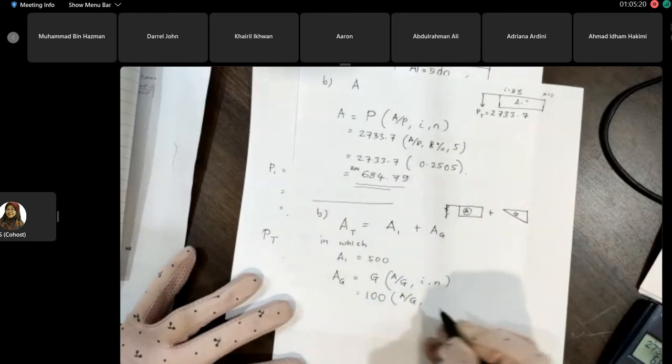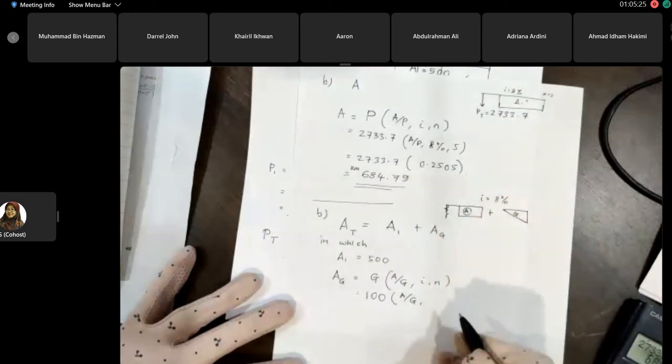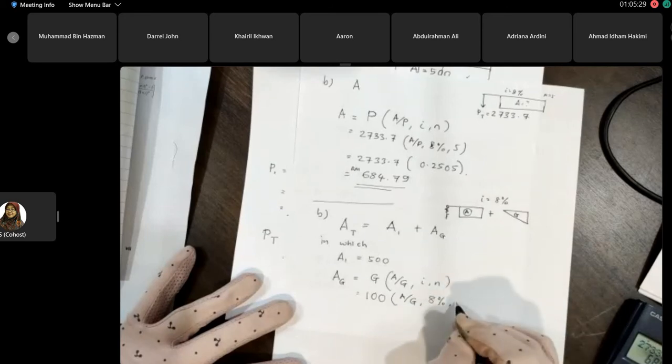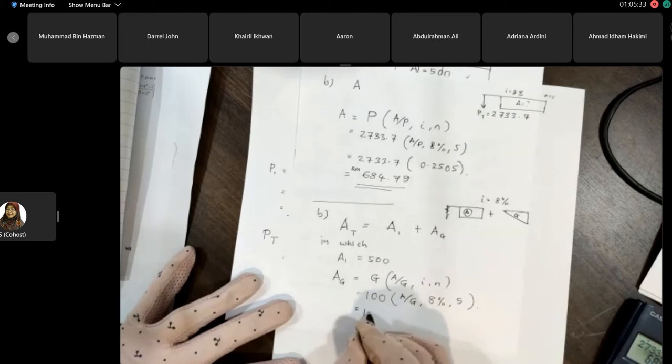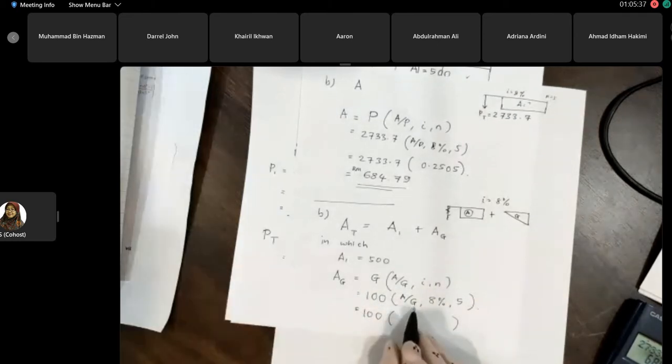AG with I of 8% and N is 5. So 100 times the factor. What is the value here?